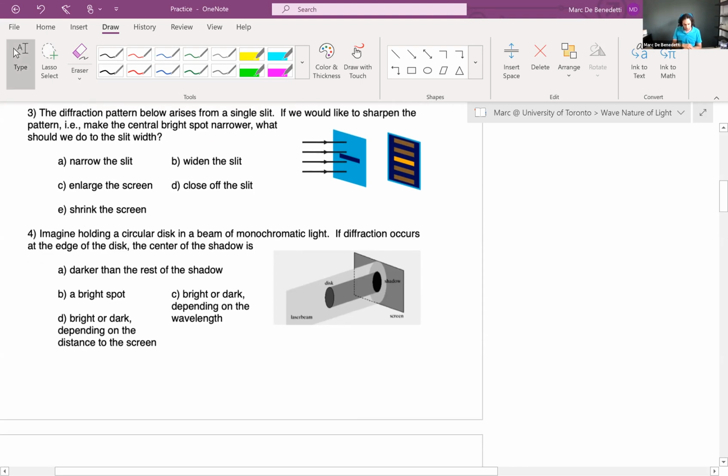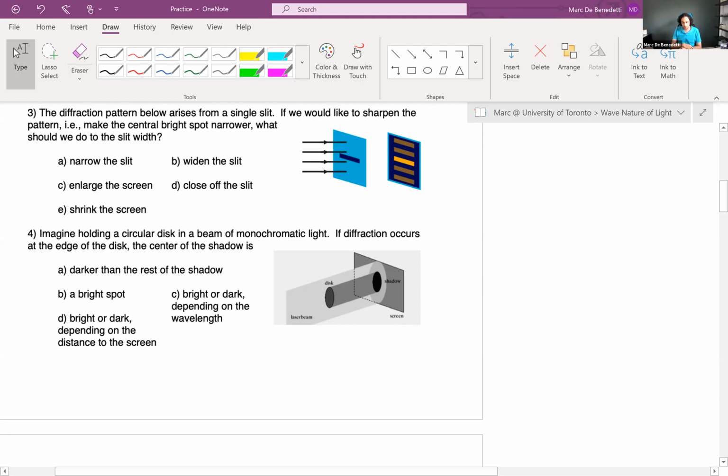Okay, number 4. Imagine holding a circular disc inside of a beam of monochromatic light. Remember what monochromatic means: mono meaning one, chromatic meaning color. So monochromatic means one color.